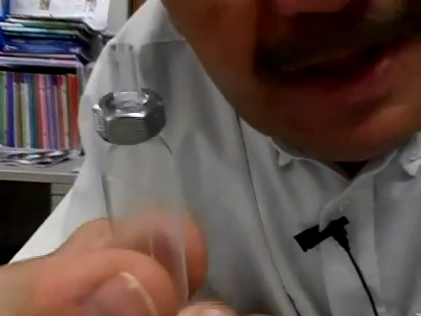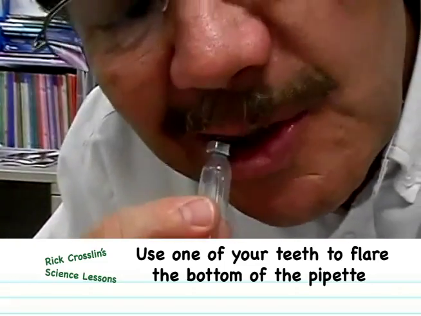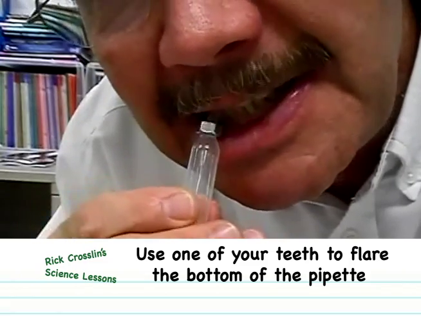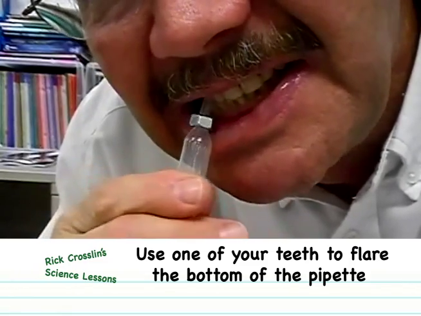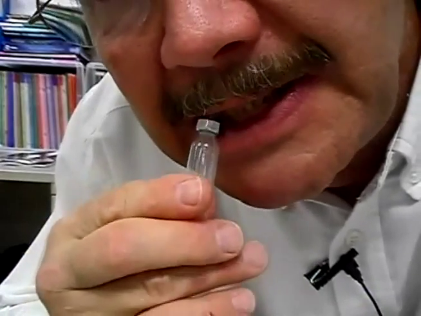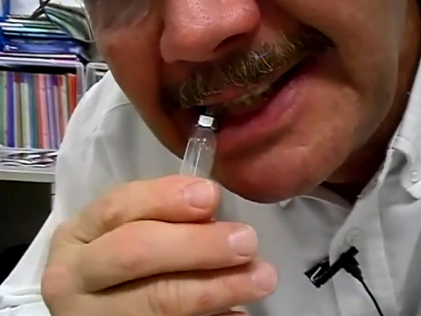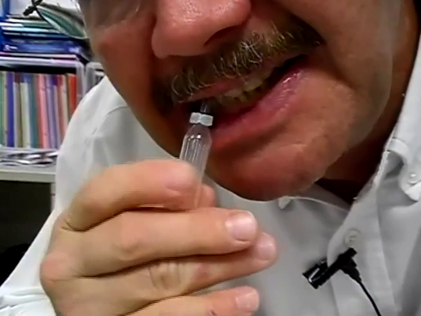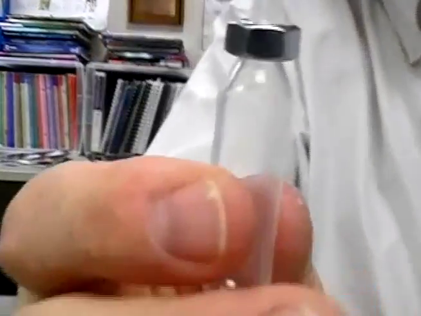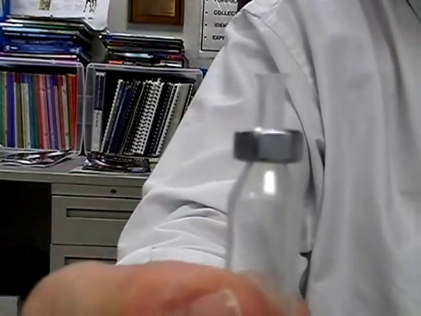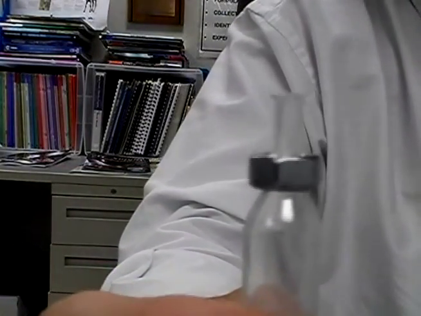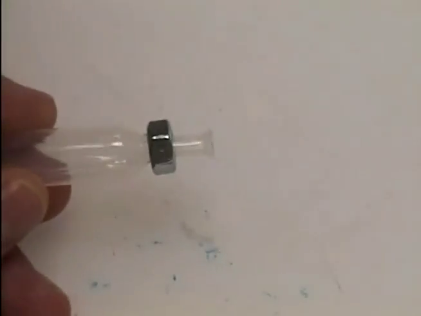What I'm going to do is use my tooth to chew on and flare it without swallowing. Since it's soft plastic, I can just flare it, and I ended up making it flared like that. See how I flared it?